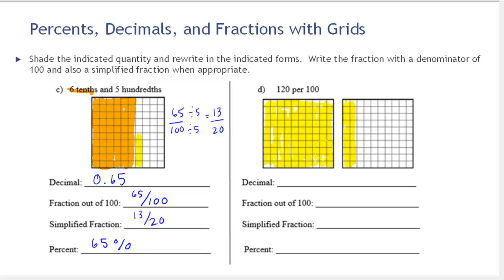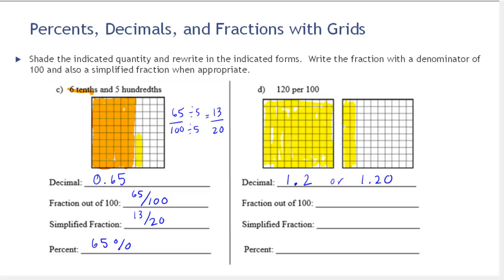Now remember, this isn't 120 out of 200. This is still our unit. So it's 120 out of 100. Now as a decimal, we have one whole grid shaded, which is 1. And this is 2/10ths, or 20 out of 100, so we could write it as 1.2, or equivalently 1 and 20 hundredths.